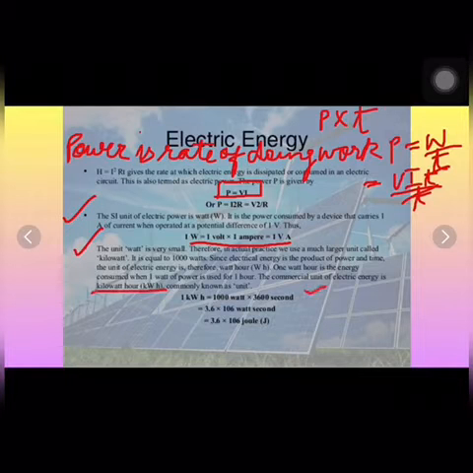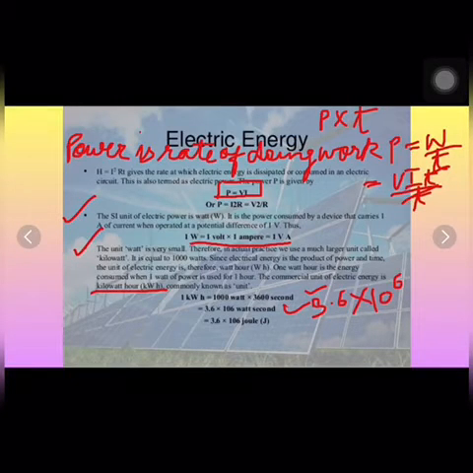So when we solve it, we get this value, that is 3.6 into 10 raised to the power 6 watt second, and 1 watt second is equal to 1 joule. So this can be written in the form of joules, which is 3.6 into 10 raised to the power 6 joules.